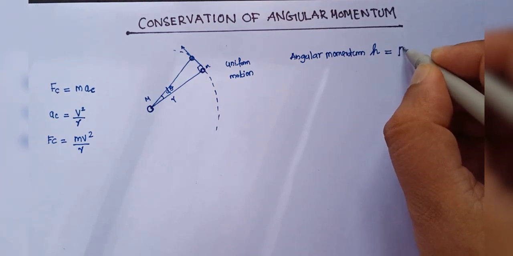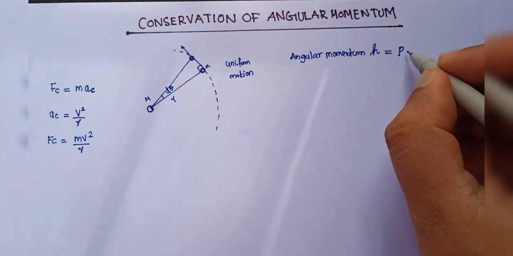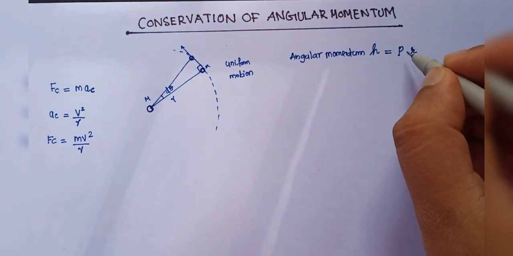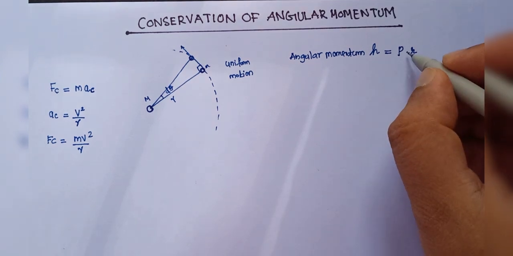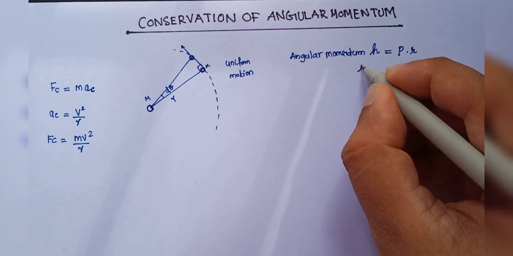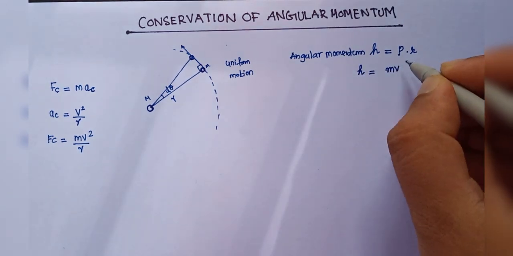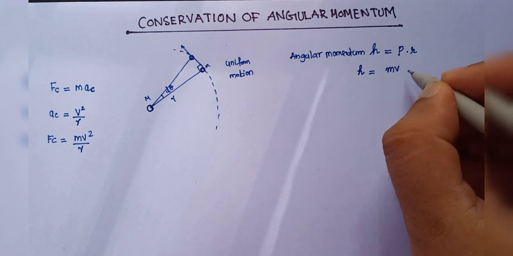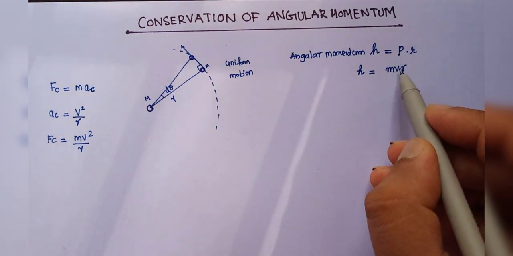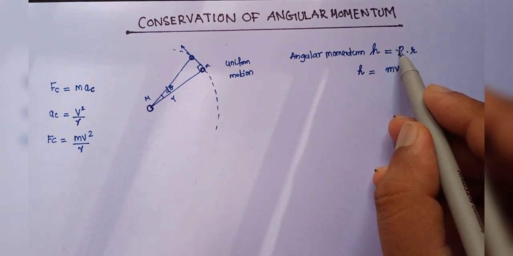Let's say we have a linear momentum rotating at some radius r, so momentum into r. Now we'll take only the magnitude; we won't go with any vector rotations. So r can be a perpendicular distance. Now h is equal to mv, which is the basic formula for momentum, where p is the momentum, into r. Basically r is the distance perpendicular to the momentum, mass times velocity.